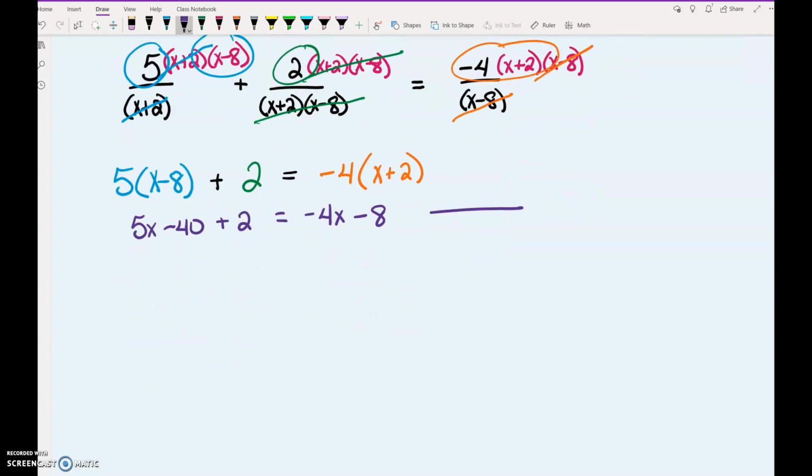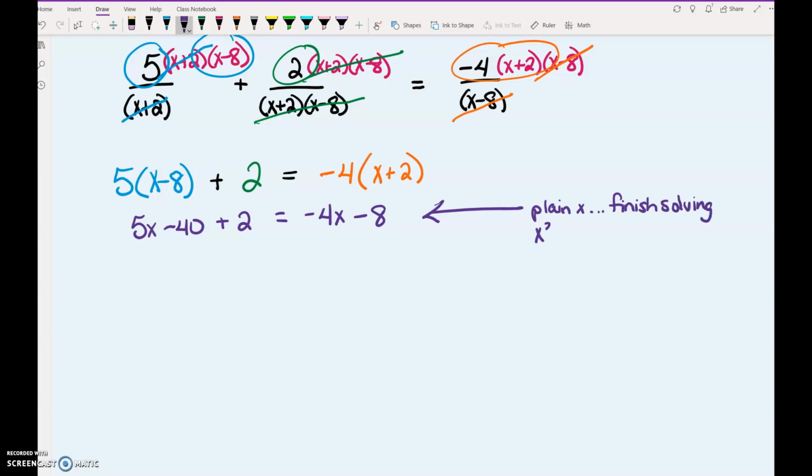Okay, at this point, you're going to have to think about what you have. If you have all plain x's, you're just going to finish solving.